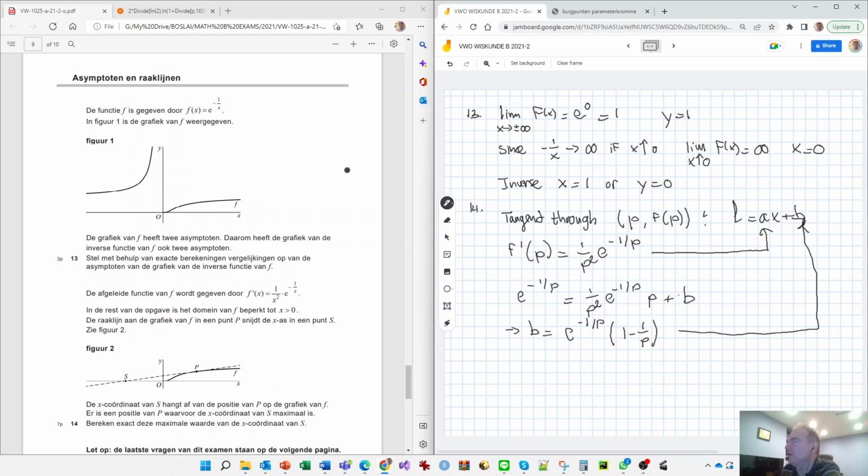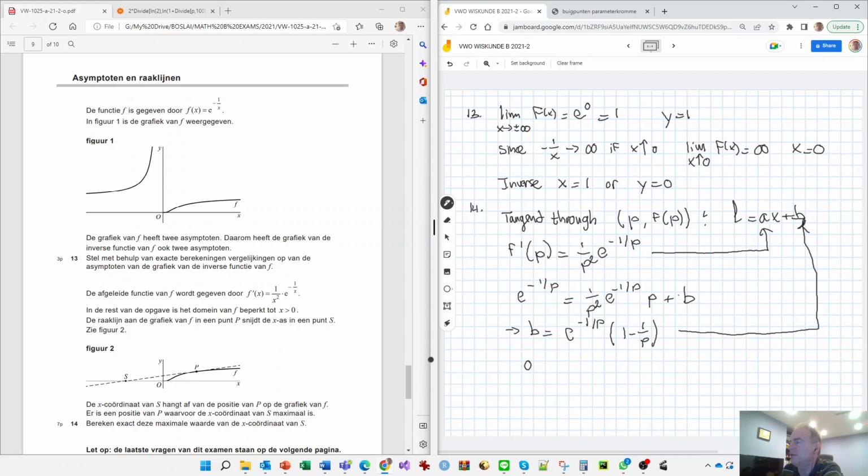Again, too much lag. And the x-coordinate here I just find by setting y to 0 in this function.